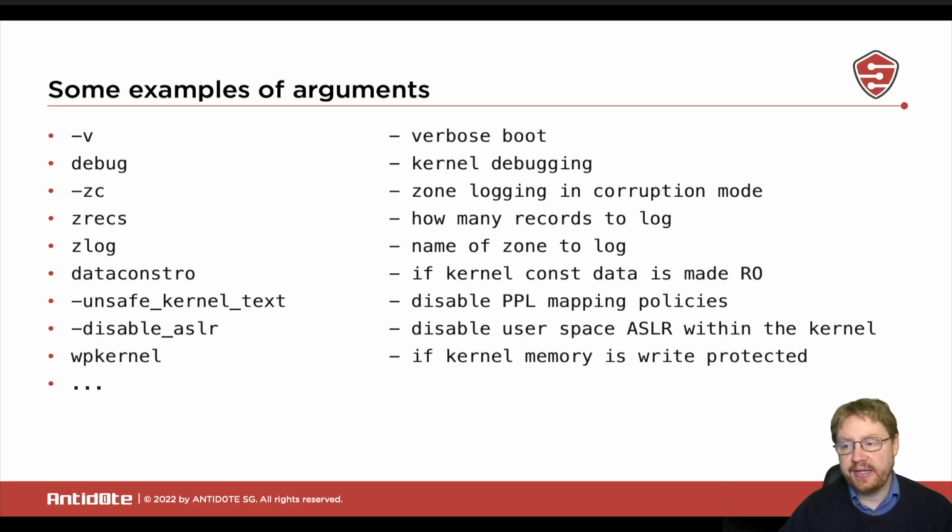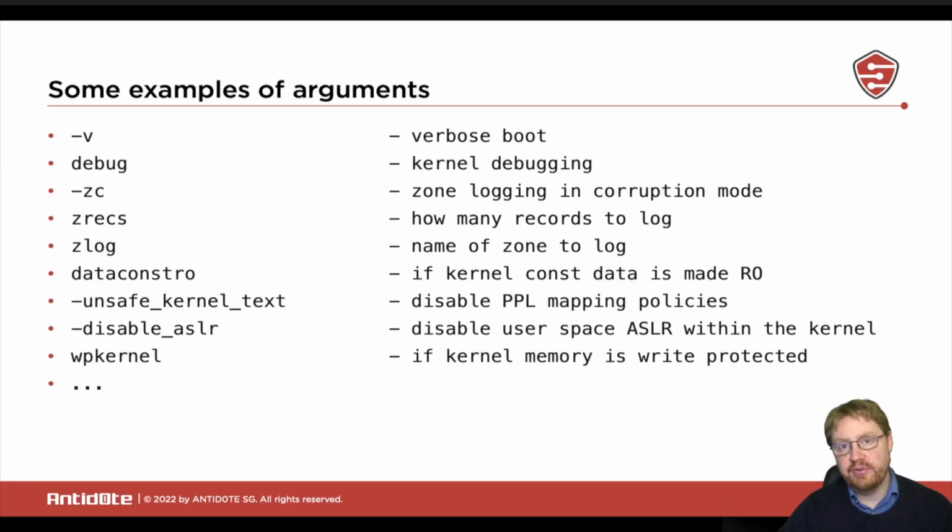So if you have a debugging kernel, you can basically disable a bunch of security features from the kernel boot args themselves. For example, here you have the data const row, which basically disables the read-only protection of the kernel data const segment. You have unsafe kernel tags, which disables the PPL policies checks.